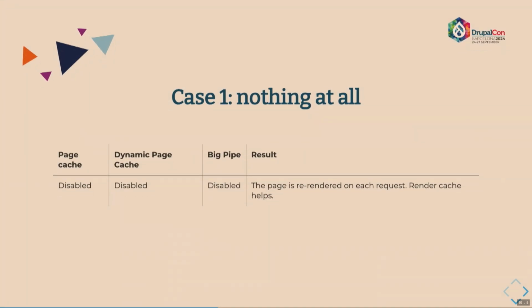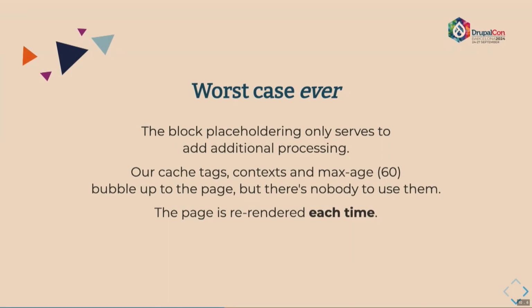And then, in case one, if we have everything disabled, page cache, dynamic page cache, BigPipe, etc., this is, of course, the worst case. So the block is getting placeholdered. This is important to know. You are getting a placeholder for the block, okay? But this is only serving to add additional processing. What is happening is that you get a request to the page, the renderer placeholders the block, and then the single flush strategy we said before takes the placeholder and uses the lazy builder to get the actual results.